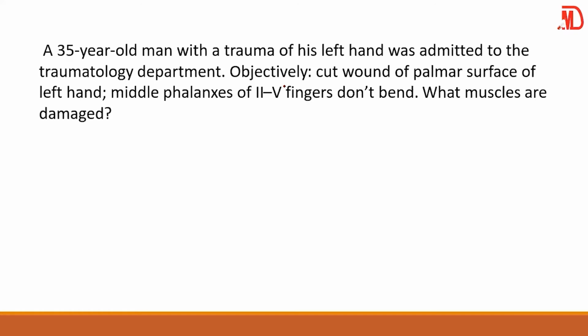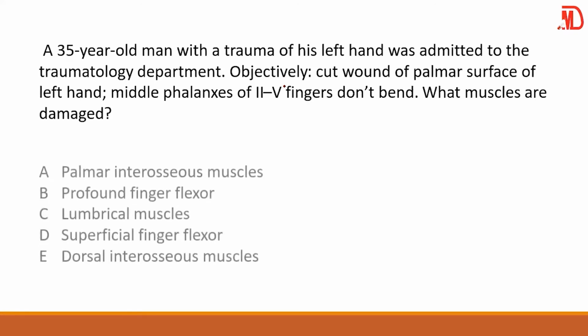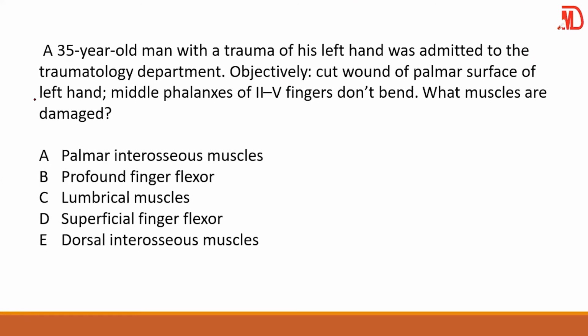A 35-year-old man with a trauma of his left hand was admitted to the trauma department. There is a cut wound of the palmar surface of the left hand. When we say palmar, inside your palm, there is a cut wound of the left hand.